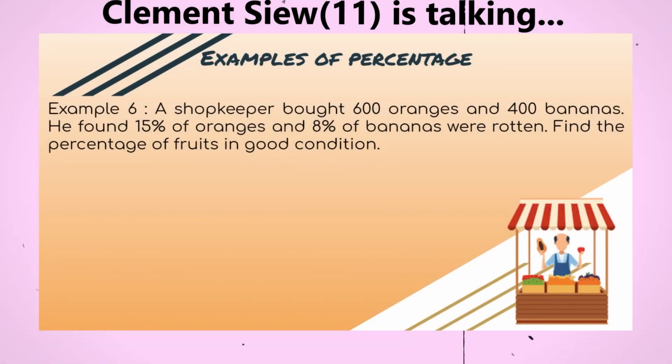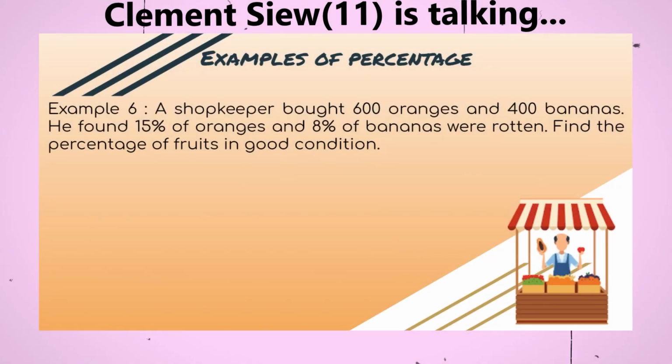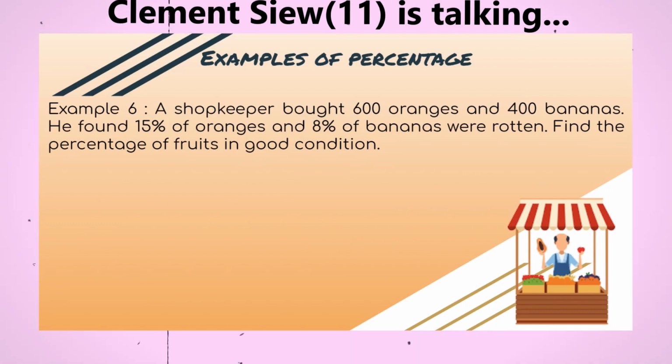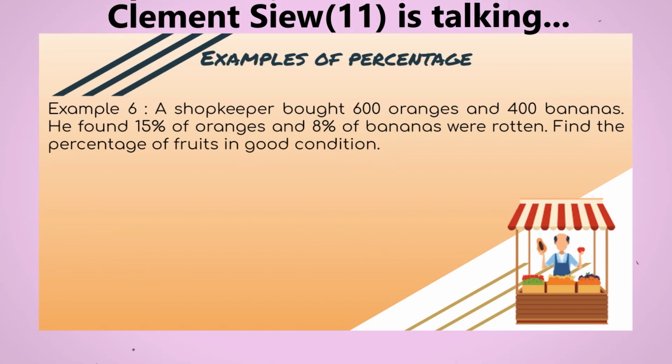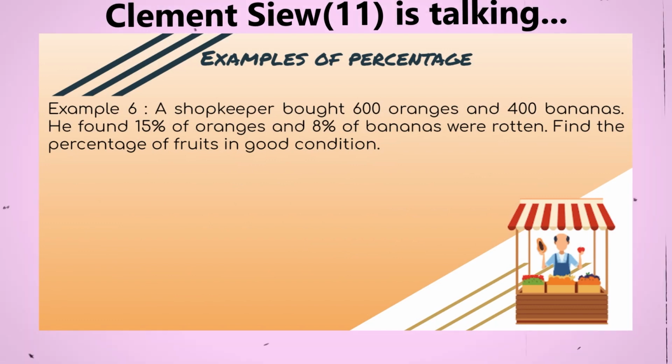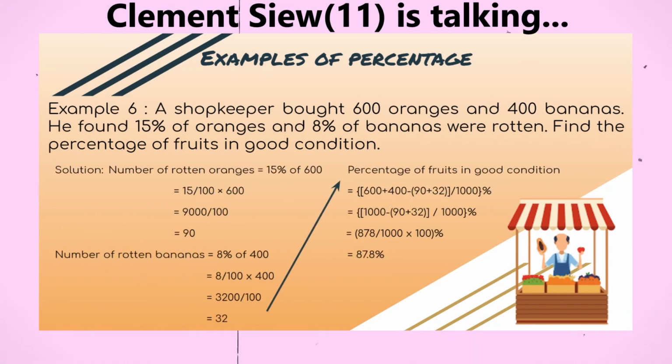Example 6. A shopkeeper bought 600 oranges and 400 bananas. He found 15% of oranges and 8% of bananas were rotten. Find the percentage of fruits in good condition. Solution.